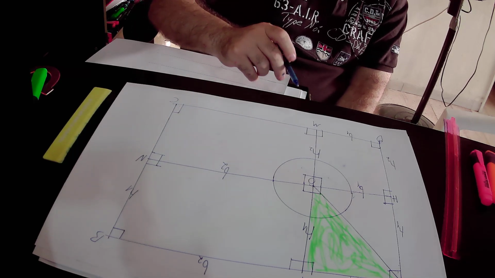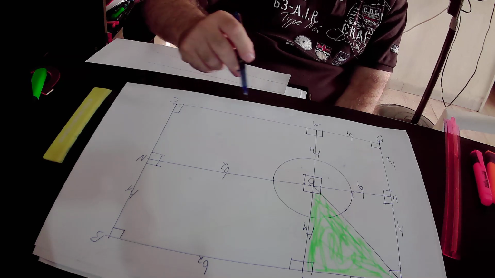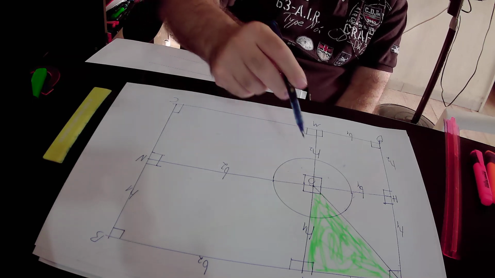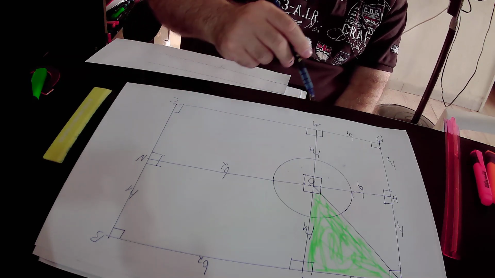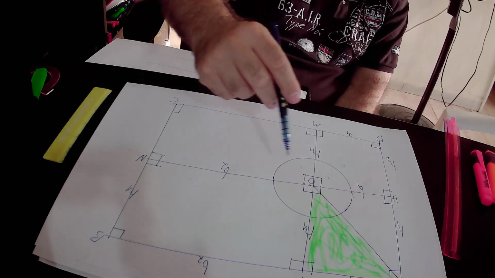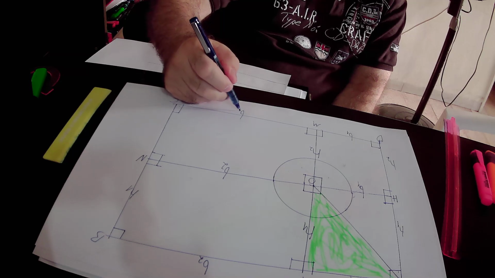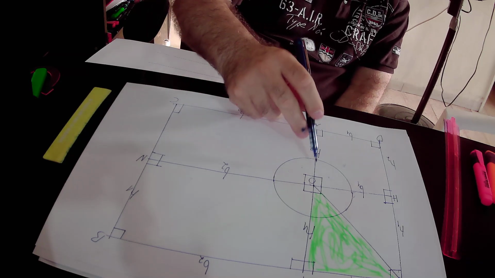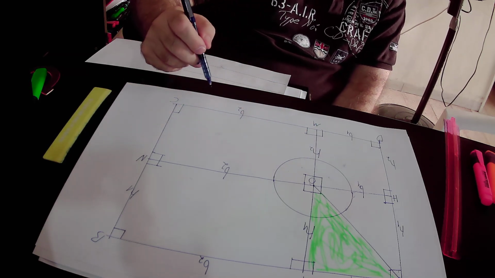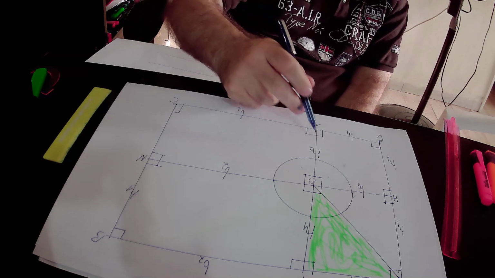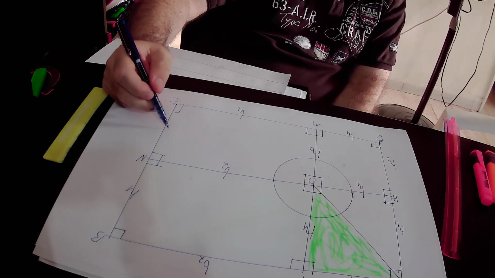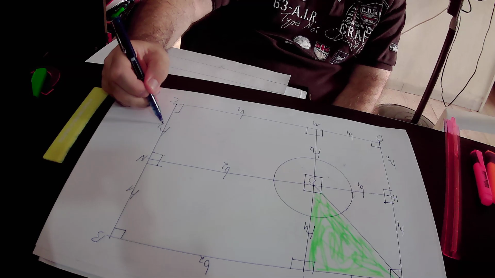And finally, in rectangle ONMC, side ON equals side MC, but we know that ON equals B2, therefore MC must also be equal to B2, and we also know that OM equals NC, but OM equals H2, therefore NC must also be equal to H2.